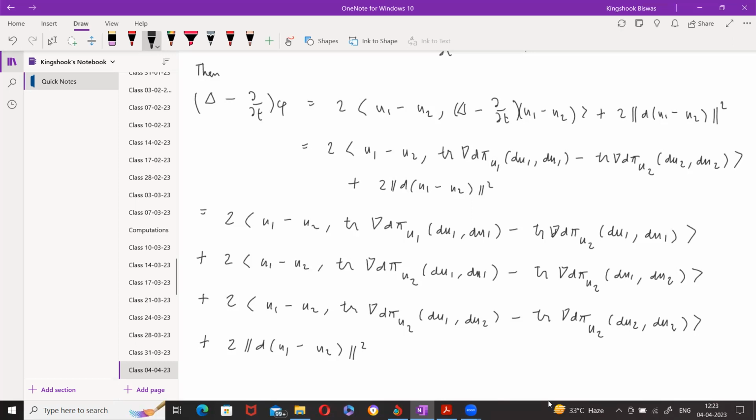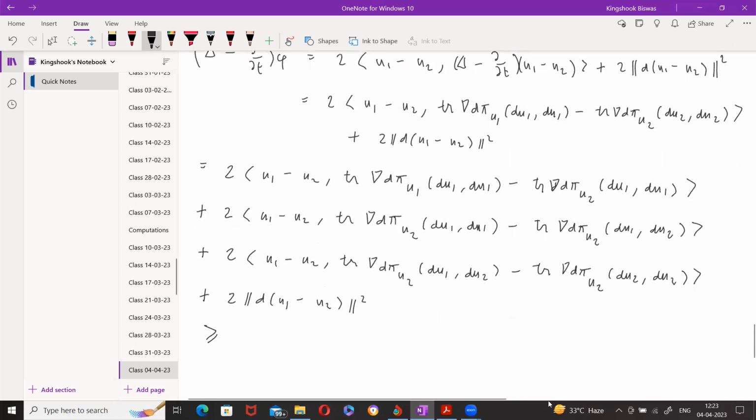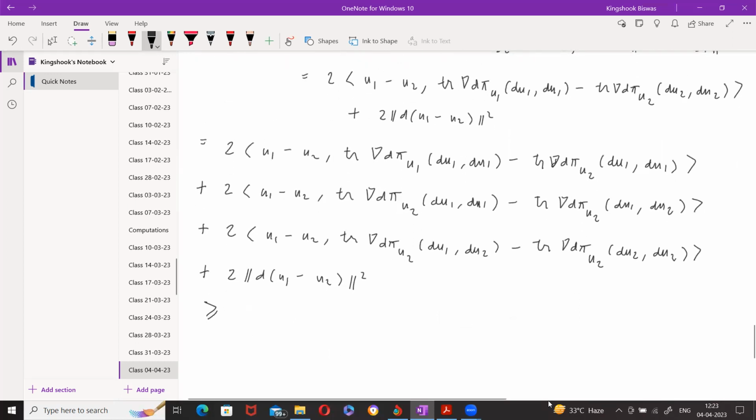And so by Cauchy-Schwarz inequality, I want this to be greater than or equal to something, right? So this will be greater than, by Cauchy-Schwarz, minus a constant times norm u1 minus u2 whole squared, right?